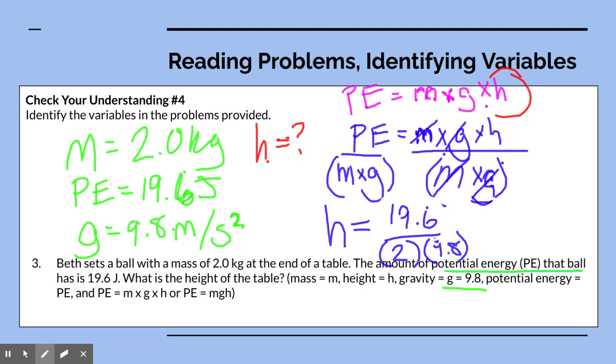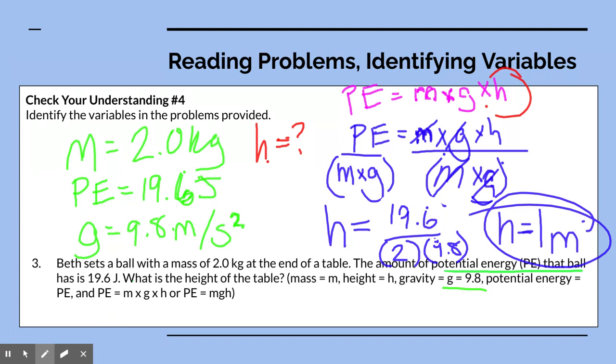Plug that in, and what you should get is H is equal to 1. Now, specifically, this is going to be 1 meter. We'll get into a little bit more into how to know that when we get to working on this. It's more or less just canceling out all of the units, but we were left with our height equaling 1 meter.